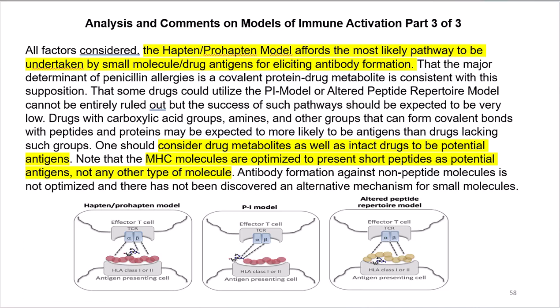So there is no separate receptor that binds to drugs that then leads to drug allergies. The drugs and their metabolites need to somehow fit into this system. There's not a separate small molecule antigen presenting method. That's the main point. Done with the biology.